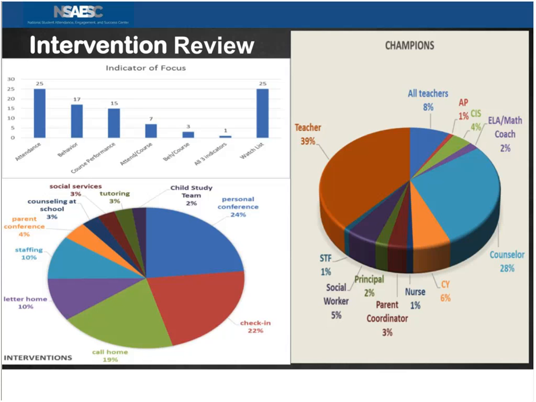So another way to look at this information is, like I mentioned before, did our intervention actually align with the indicator of focus? And because attendance was one that was high here, I believe that having call homes, check and connects, and those personal conferences were good ways to actually address or intervene with those students.